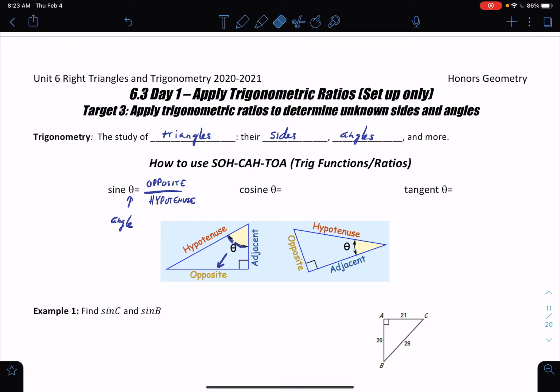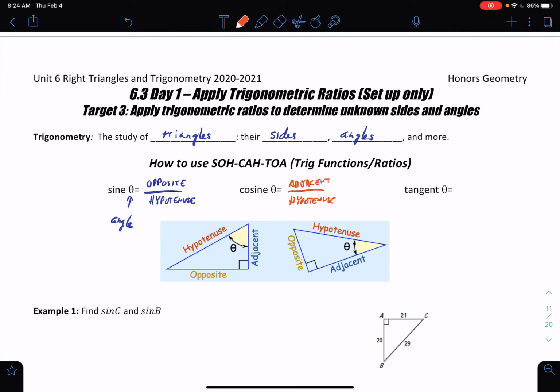Okay, let's talk about the next trig ratio, which is cosine of theta. Cosine of theta is going to be adjacent over hypotenuse. Now adjacent is going to be the side length that's touching the angle.